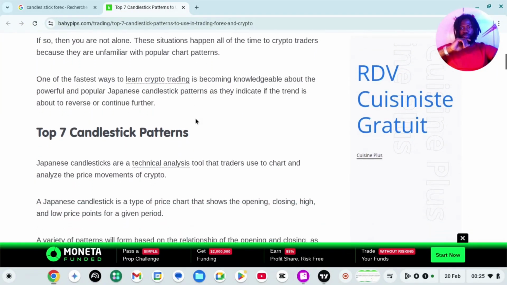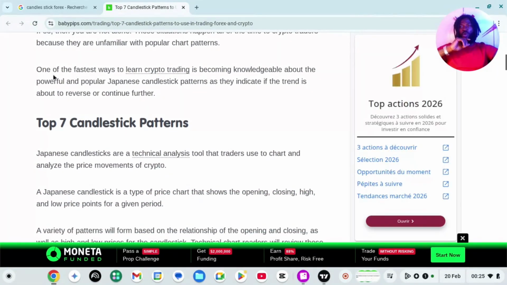One of the fastest ways to learn crypto trading is becoming knowledgeable about the powerful and popular Japanese candle patterns, as they indicate if the trend is about to reverse or continue further.